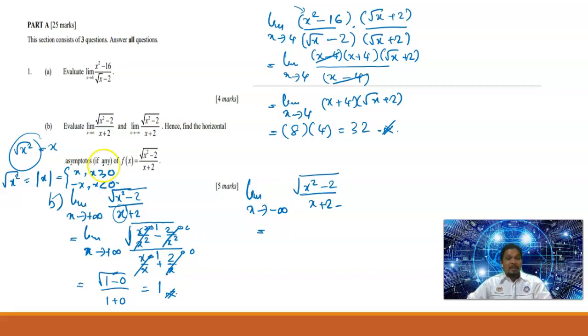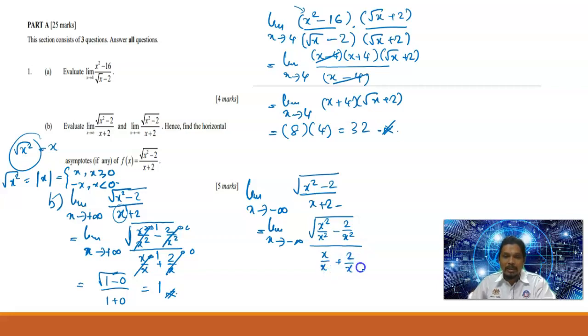So now, for this case, limit x approaching negative infinity, square root of x squared divided by x squared minus 2 divided by x squared, divided by x over x plus 2 over x.